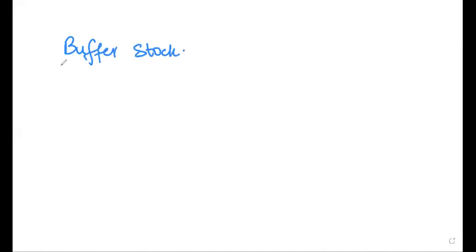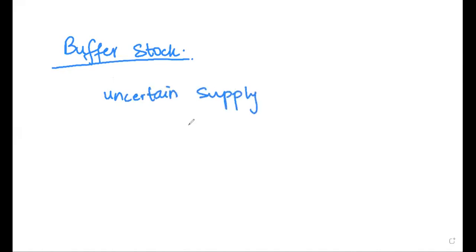Buffer stock, in which we are talking about the instability in supply. Uncertain supply, but stable demand. People will still want to buy goods.